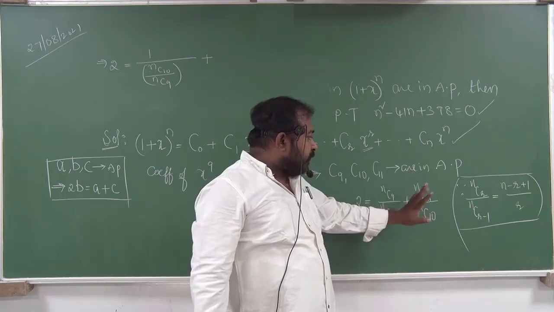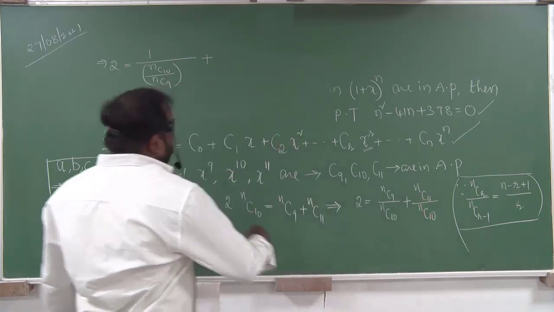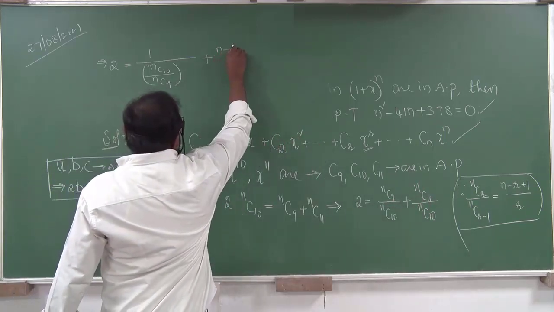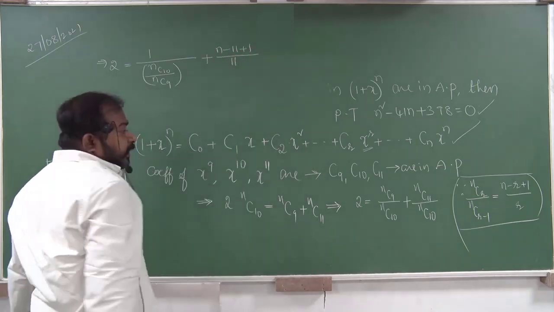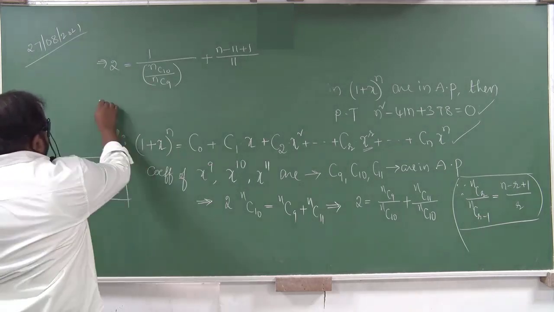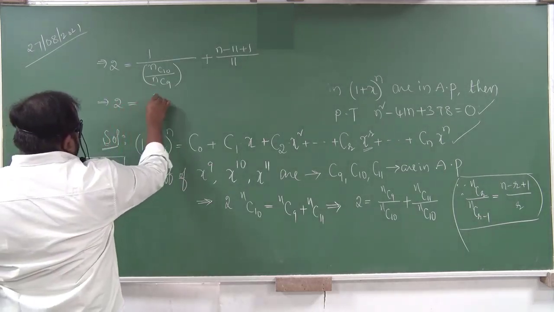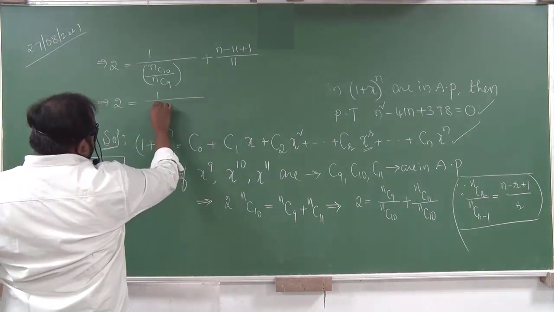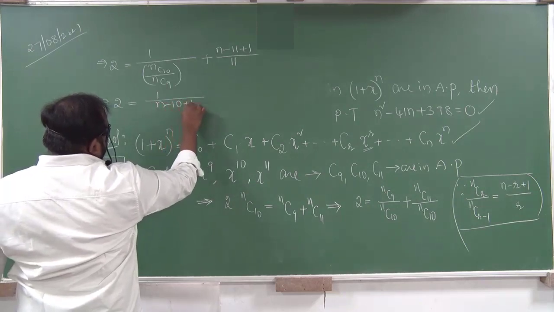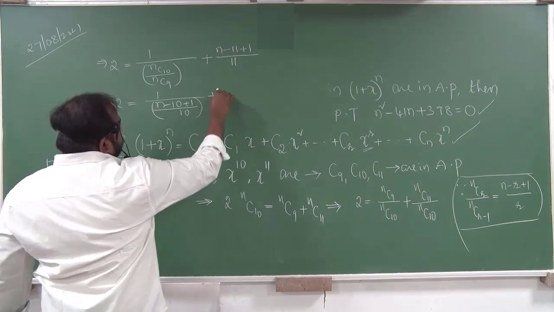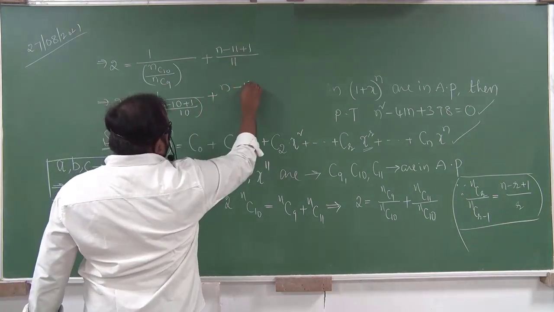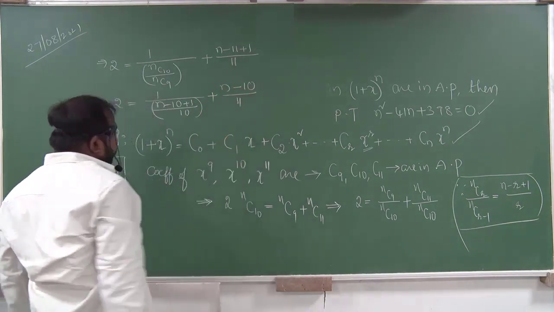Here n is the n value, r is 11, so you get (n minus r plus 1) by r. And for the first value, 2 equals 1 by (n minus 10 plus 1) by 10, plus (n minus 10) by 11.